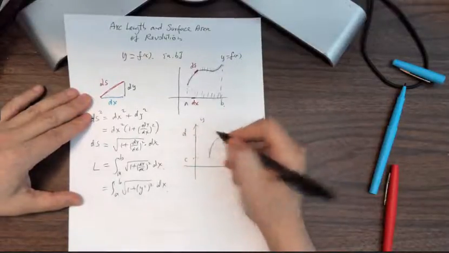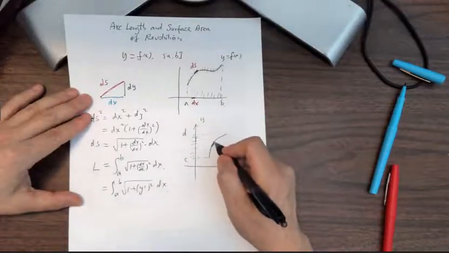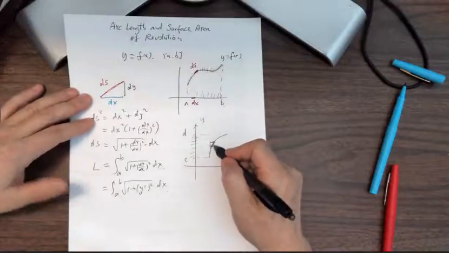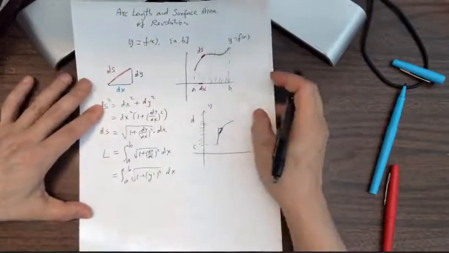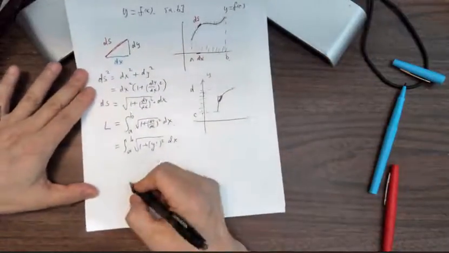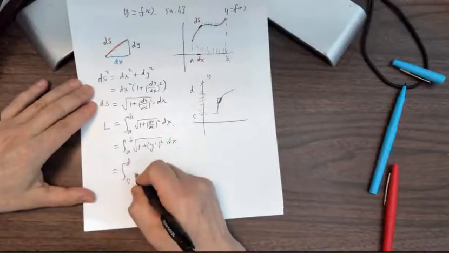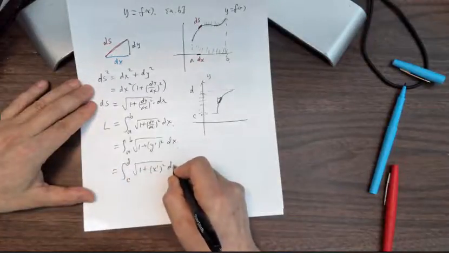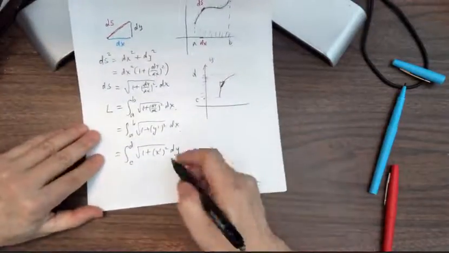an interval on the y-axis, c to d, we do the same thing, slicing, and so on, and there's ds, and then we would create approximately a right triangle similar to this, then go through this Pythagorean theorem, take a square root, and so on, then we end up with a similar formula. In this integral, the integration variable is y.